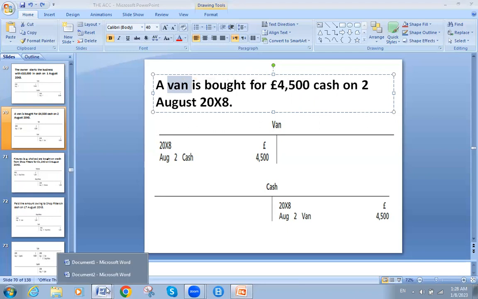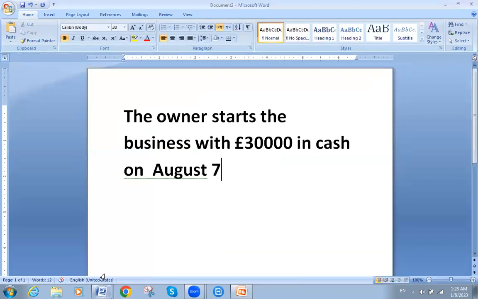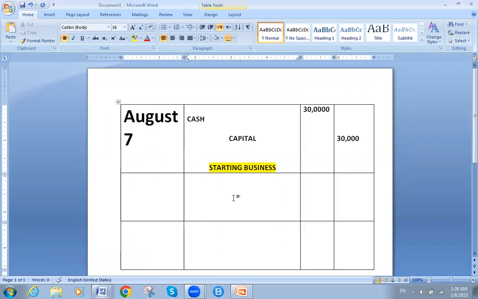So I will say this is the second transaction right now. I will do it like this. So I will say here from van into cash, and here I will put the cash down. Sorry about that.